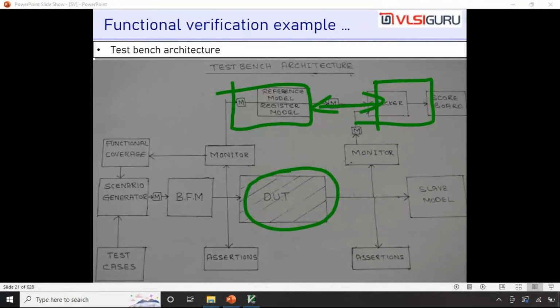Everything other than the DUT is test bench. If you remember the interrupt controller, the processor behavior, clock and reset generation, the peripheral behavior, the interrupt handling, everything went into a test bench only. That approach is going to change.